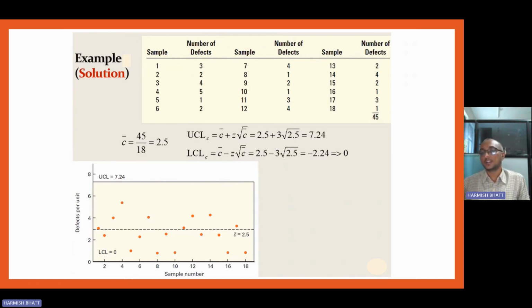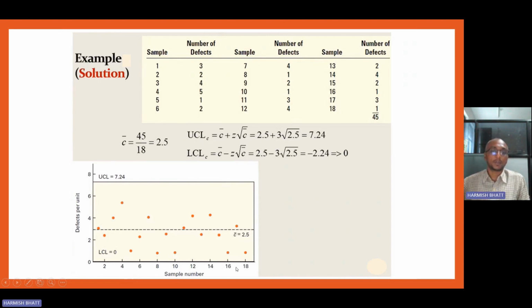So the LCL has been considered as 0. The zero horizontal line will work as the LCL here, the UCL is equal to 7.24, and the mean line, the C bar line, is drawn at 2.5.